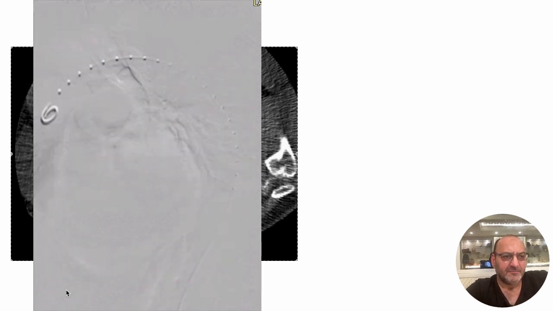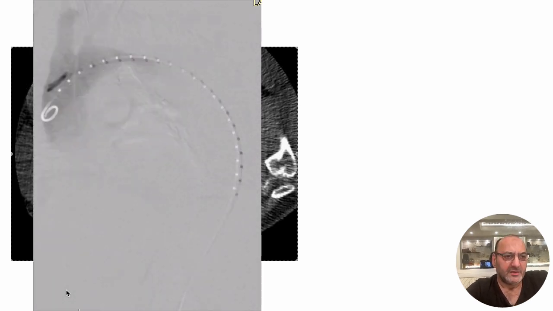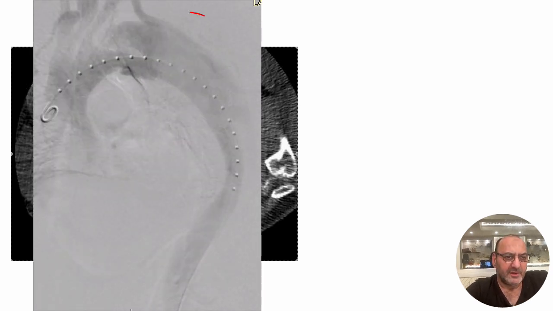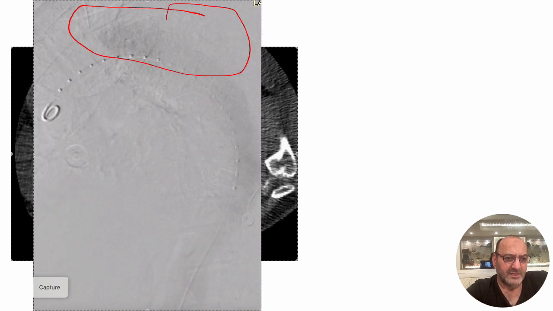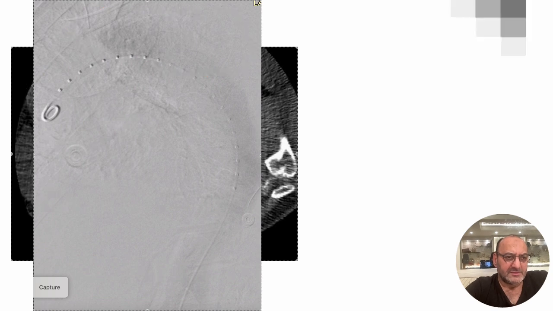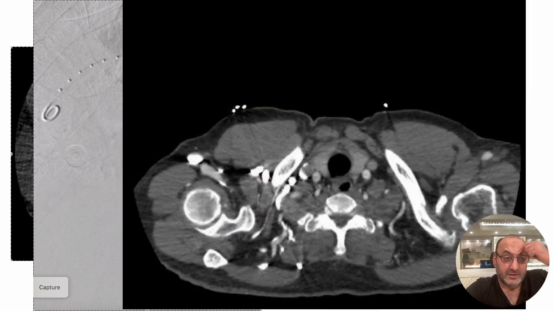But look at this false lumen here. The false lumen has dramatically increased in size right here. It was really a large size, much larger than what we thought on the first CT scan.